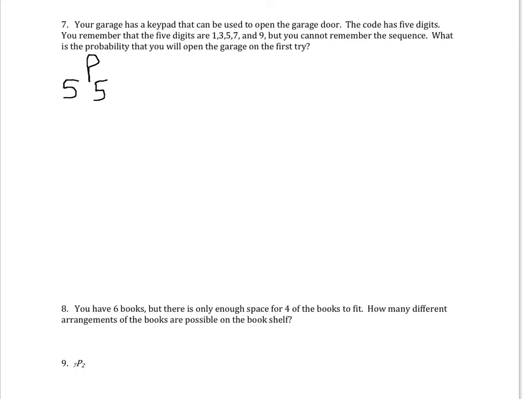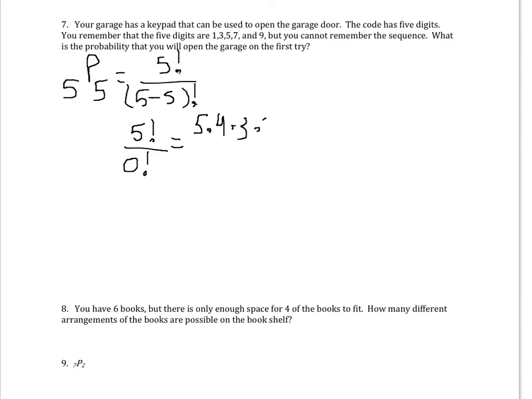So we have 5 factorial over 5 minus 5 factorial. So you have 5 factorial over 0 factorial, which we know is 1. So you get 5 times 4 times 3 times 2 times 1 over 1.